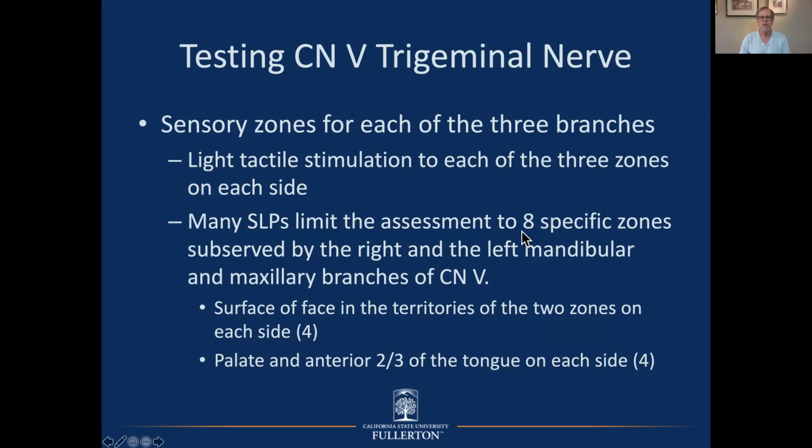Okay. We're going to look at the sensory zones of the 3 branches now, and these subserve light tactile stimulation, which is the area that an SLP would touch and would test, I should say. A lot of SLPs limit their assessment to 8 zones. The maxillary, 2 on each side, so that's 2, 1, 2.